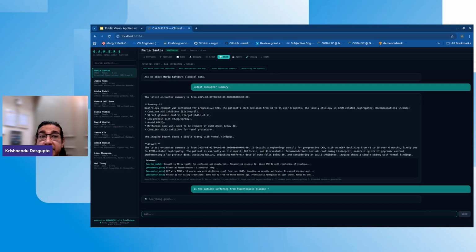It should return from the context of whether the patient is suffering from hypertensive disease, right? If it returns, then it should say that the patient is suffering from hypertension. If it doesn't, it will just say so. But at the same time, it will again create an evidence path for each query that we're looking at. So it is very important to see how this exact structure comes in and speaks to us. A quick thing to understand, if you look into it, is the summarization before the answer.